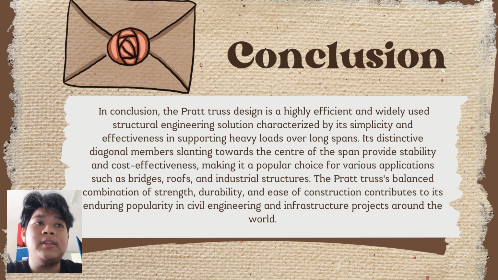Its distinctive diagonal members slanting towards the center of the span provide stability and cost effectiveness, making it a popular choice for various applications such as bridges, roofs, and industrial structures. The Pratt Truss's balanced combination of strength, durability, and ease of construction contributes to its enduring popularity in civil engineering and infrastructure projects around the world.